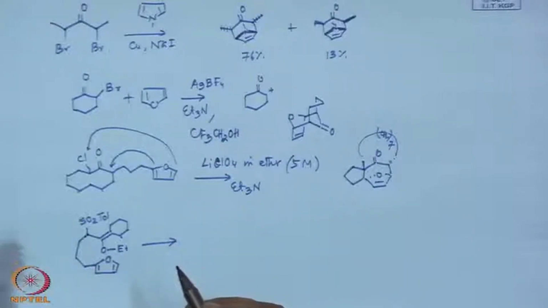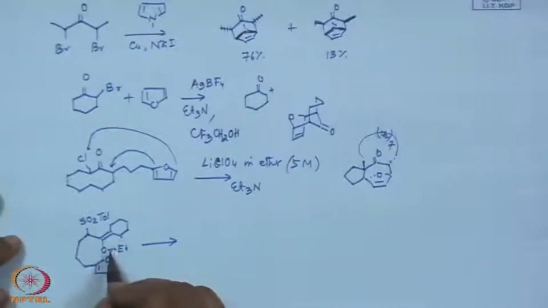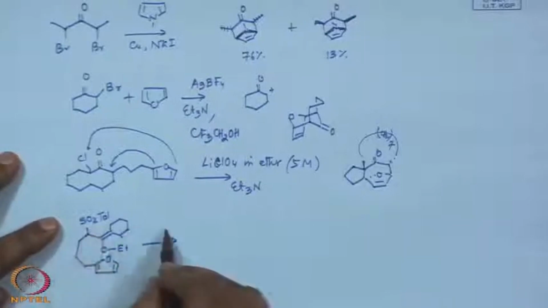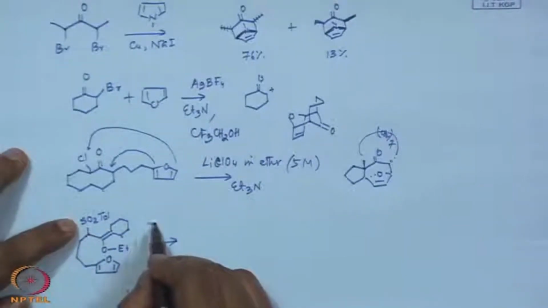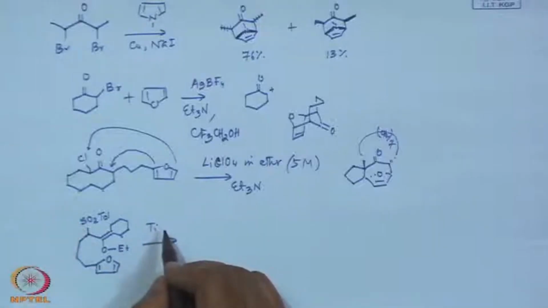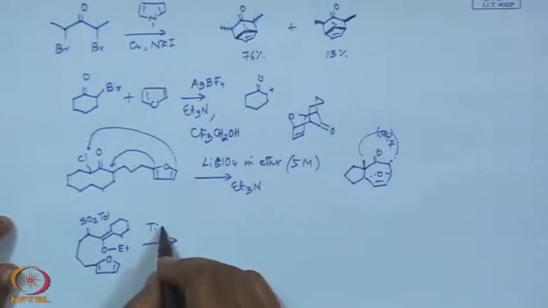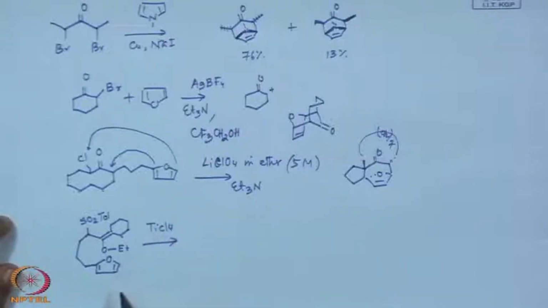You have to form the carbocation first, and ion formation is very easy. In this case the sulfone is particularly reactive towards titanium tetrachloride, then diethyl aluminum chloride, meaning one single chlorine, dimethyl aluminum chloride, those sorts of compounds. And in this example, it has been used, this is titanium tetrachloride.